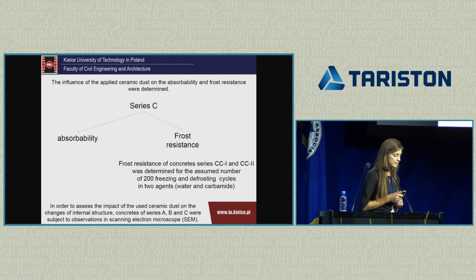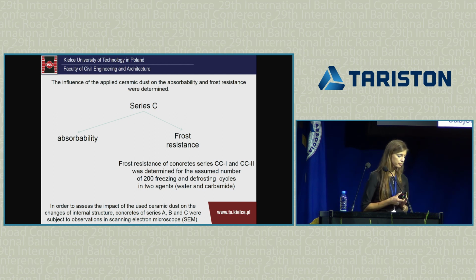90 to 100 seconds. In series C was determined the absorbability, which for airfield pavements, according to Polish standard, should be no more than 4%, and the frost resistance.